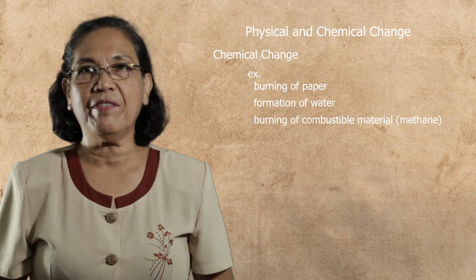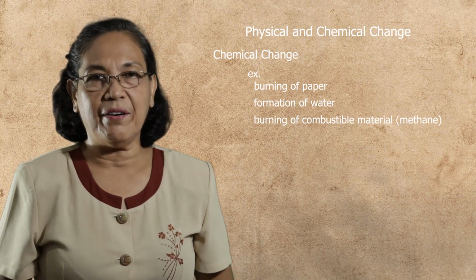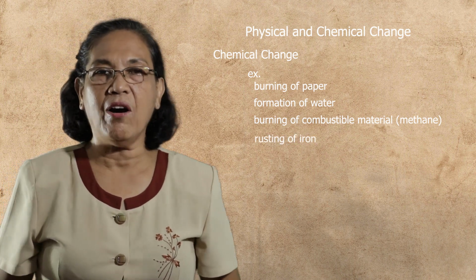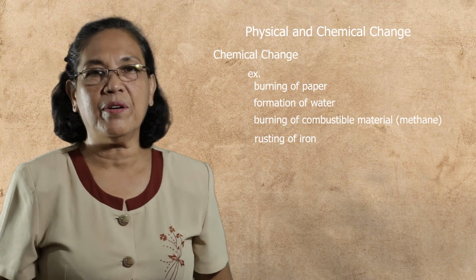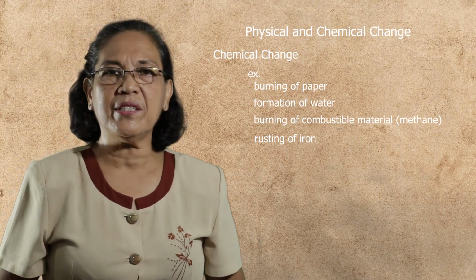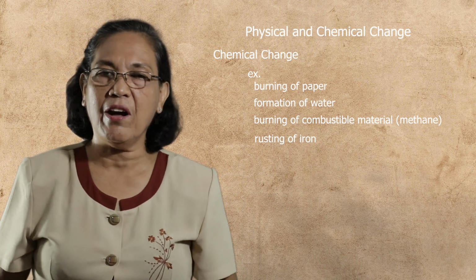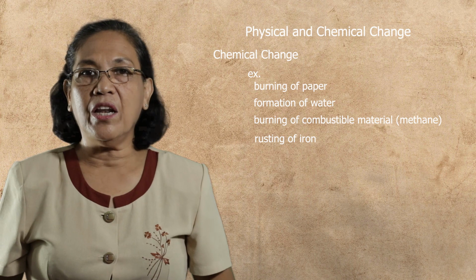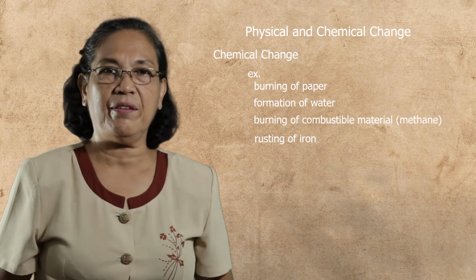Another example of a chemical change is the rusting of the iron. When the iron reacts with oxygen, it will form ferric oxide. Now, in the process of reacting the iron with oxygen, of course, it has to pass through the lower oxidation state of iron first.